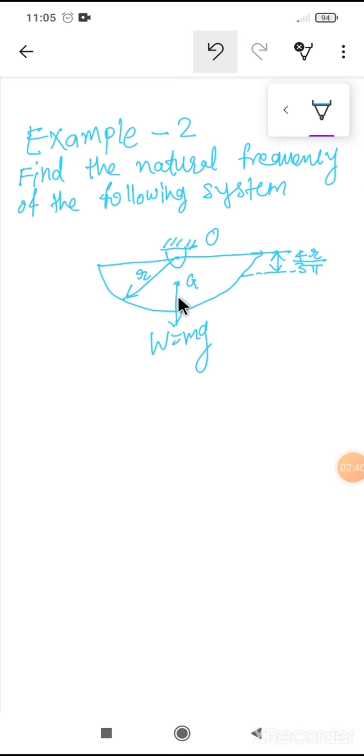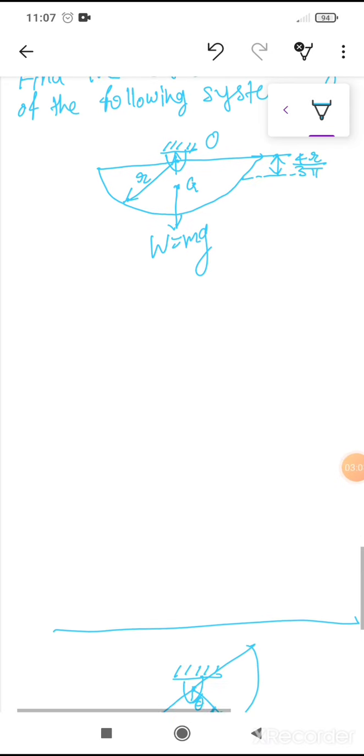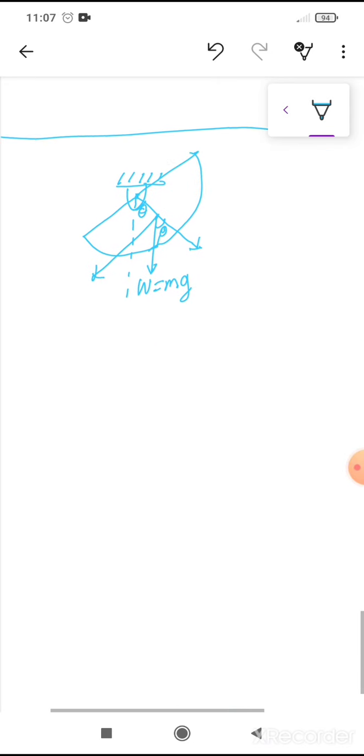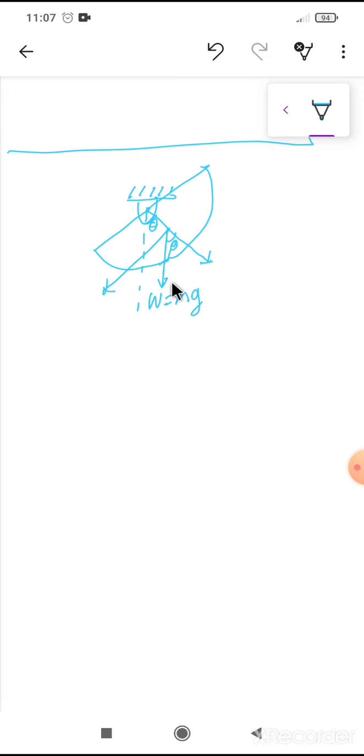According to Newton's law, when this disk is stationary, an equal and opposite force would be acting in upward direction to counter this weight. That force will be accounted for by this fixed support. Now if the disk is oscillating, the weight is acting in downward direction. So let's split the terms in x and y direction.